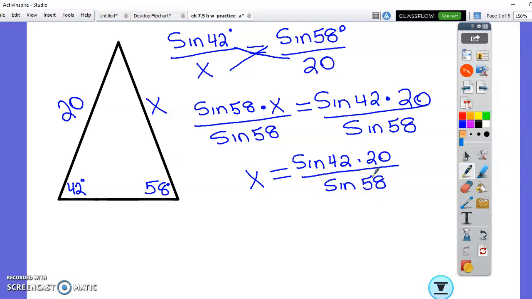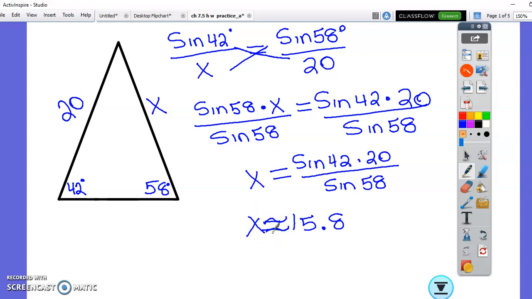Take out your calculators. And it's 42 sine on mine, times 20, equals, divided by 58 sine, equals, and I got 15.78. So x equals 15.8 approximately, rounded.